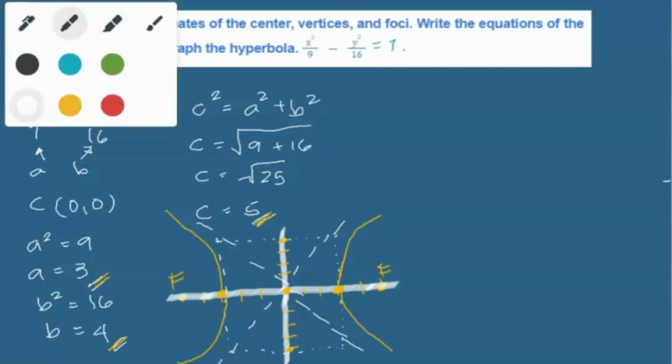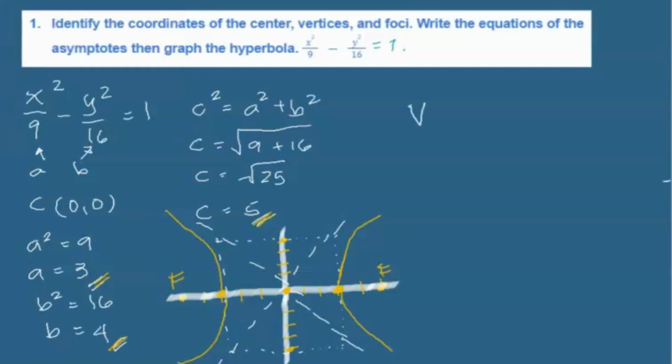Okay, so now let's identify our vertices. For vertices where the center is at the origin, the coordinates are plus or minus a and 0. So we have plus or minus 3 and 0. One vertex, second vertex.